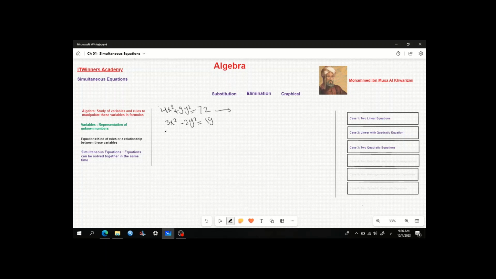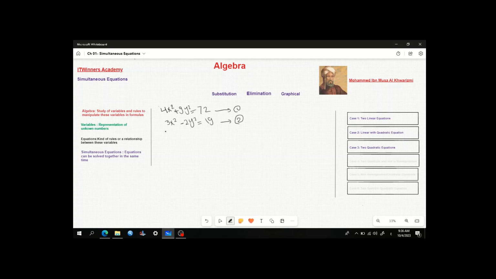Now I have two quadratic equations of second order, this first, this second.